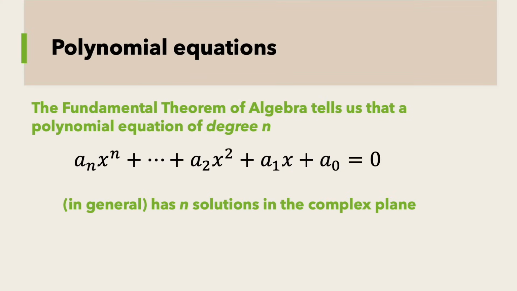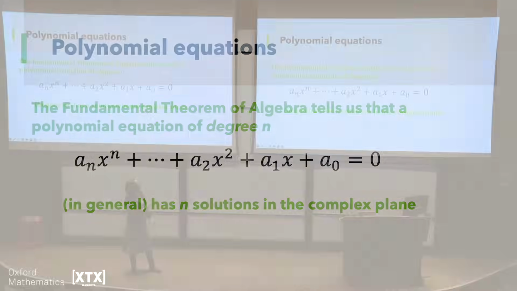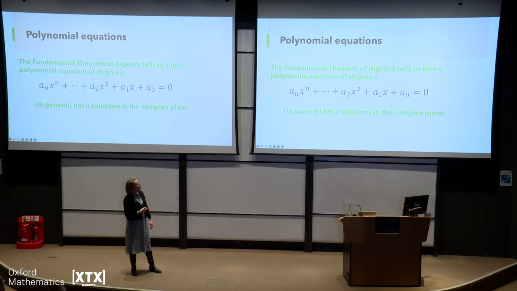Now, the quadratic formula is something that we get taught in school. There's something called the fundamental theorem of algebra that maybe you learn if you do an undergraduate degree in mathematics, that tells us that in general, if I take a degree n polynomial, there will be n solutions in the complex plane.